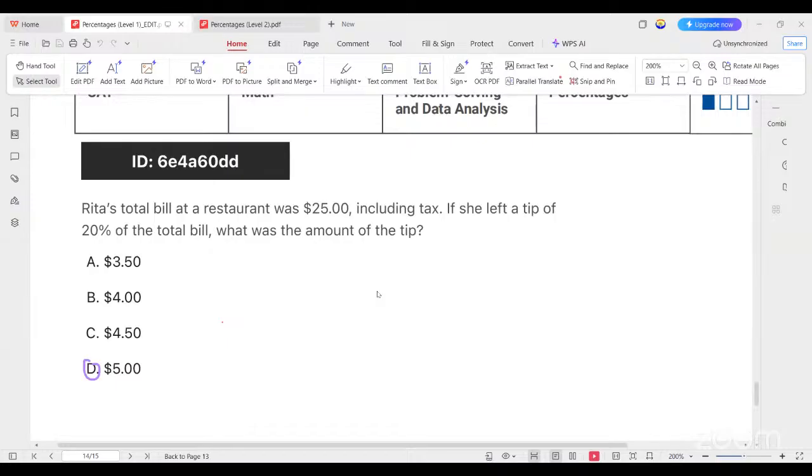Yep, explain. You just do 25 times 0.2. 20% on this thing: 10% is 2.5, 20% is $5. That is the tip.